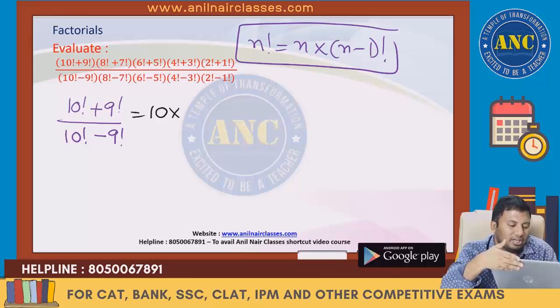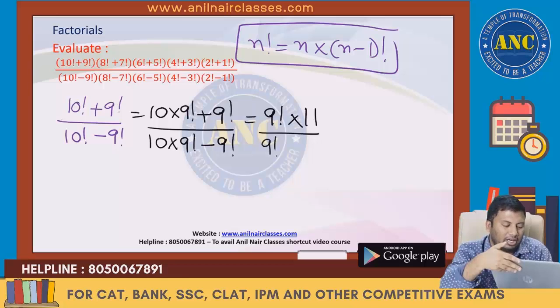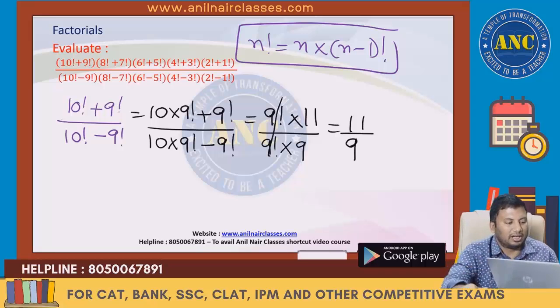This is 10 into 9 factorial plus 9 factorial divided by 10 into 9 factorial minus 9 factorial. 9 factorial common, 10 plus 1 is 11. 9 factorial common, 10 minus 1 is 9. So the answer for the first one is 11 by 9.